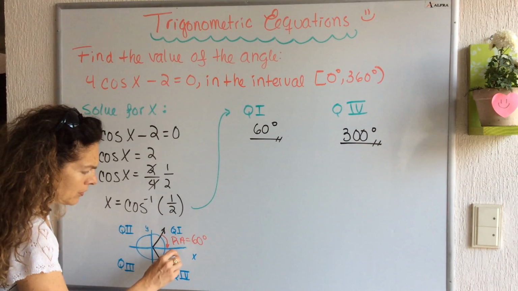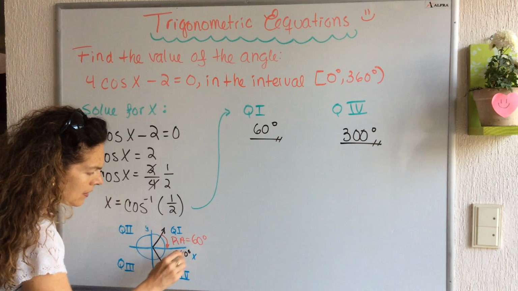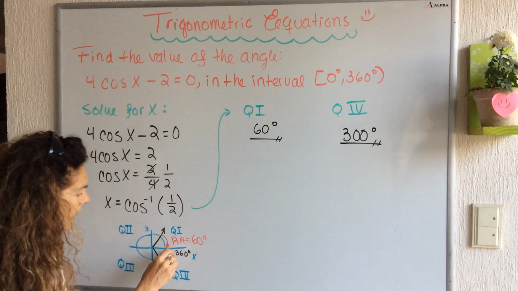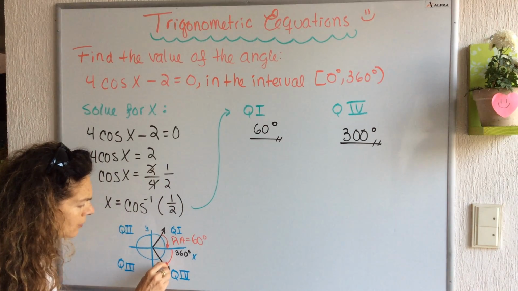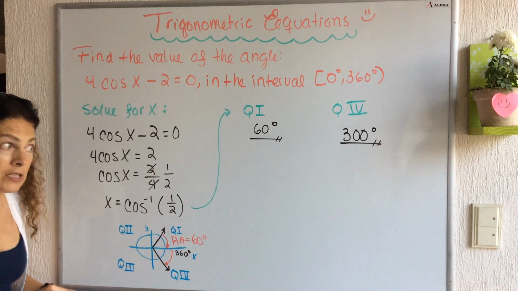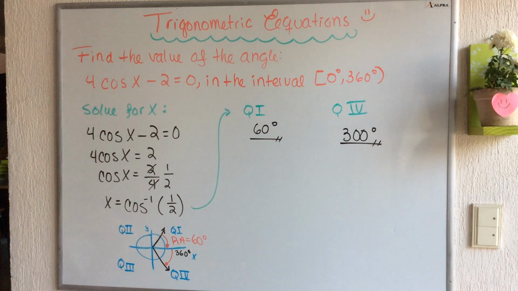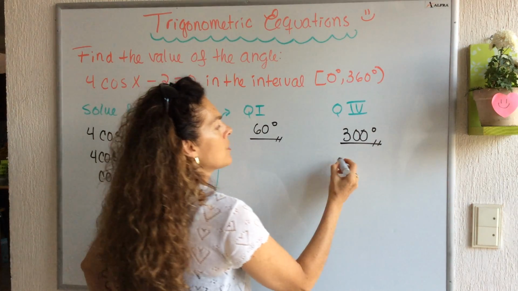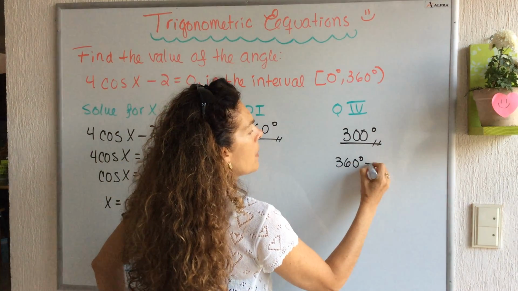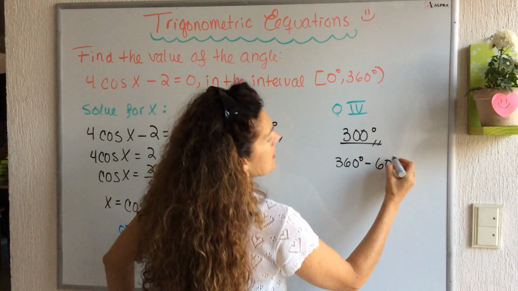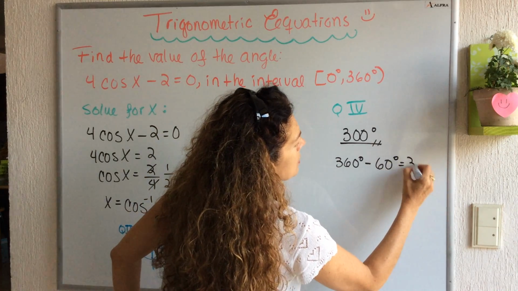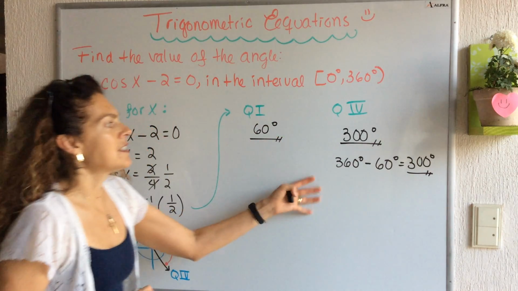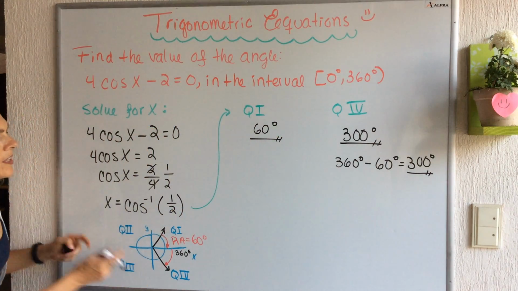Because you have here 360 degrees, and when you subtract, you're getting the terminal side of this angle, okay? So let's find it. In order to get this answer, we have 360 degrees minus 60 degrees equals 300 degrees. Okay, dear students, that's the way you get this answer.